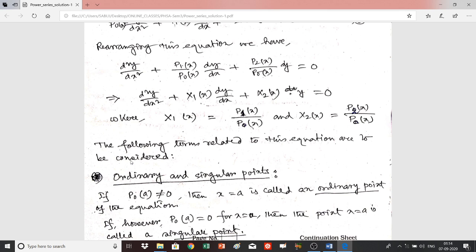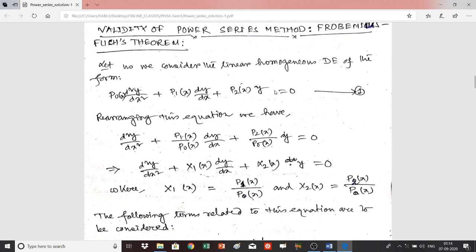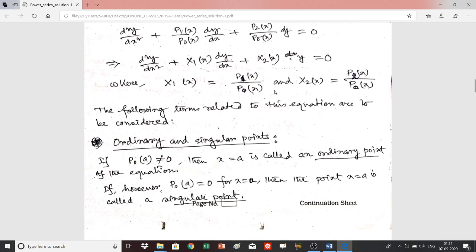Number 1, for a certain value of x, let's say x equal to a, if the value of p0(a) is not equal to 0, then the given equation will have an ordinary point at x equal to a.